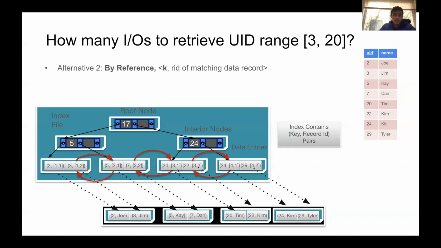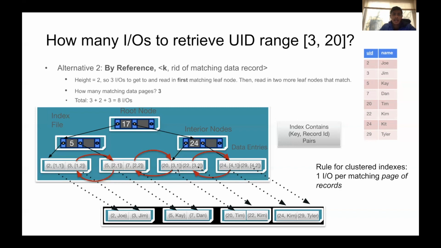How many IOs in total did I have? I had 8 IOs. I had 3 IOs to get to and read in the first matching leaf node. I had to read in the 2 more leaf nodes that matched. And then I had to read in the 3 matching data pages, the data pages that contain the records of the matching keys.